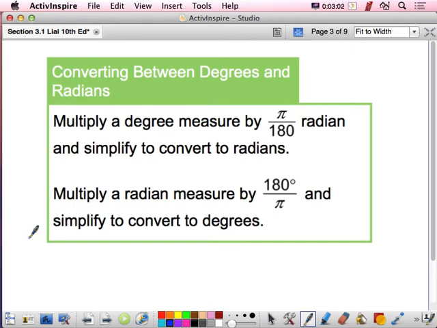If you can remember 180 and pi, most people can usually figure out which one goes on top based on which of the units you would like to cancel. So one more time: to convert to radians, I multiply by pi over 180, but if I want to convert to degrees, I multiply by 180 over pi. So let's take a look at some examples.